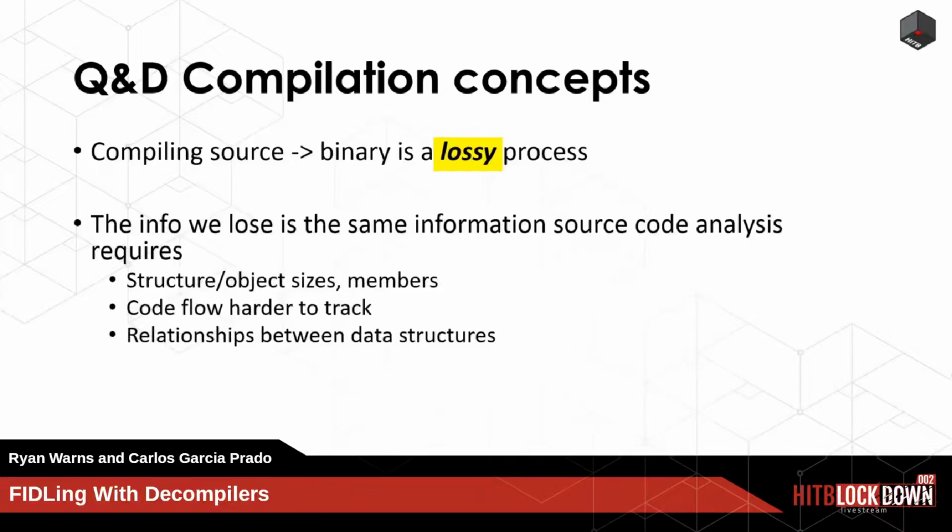The compiler doesn't need to know how structure A is defined as long as it knows where the data is supposed to go in relation to everything else that's using that structure. So we have all this information in our source code, but the compiler only needs like 60% of it. And that's before we even start to talk about things like function names and local variable types, all the stuff that would normally be in a PDB file, for example. We lose all of that.